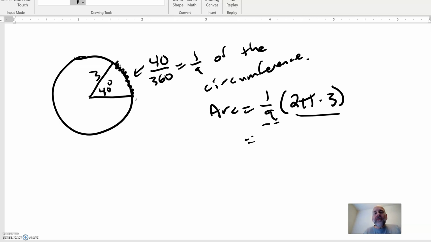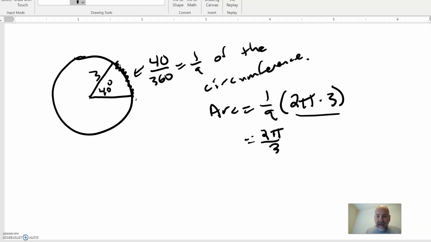And so you can answer this a couple different ways. I could cancel out the 9 and the 3. I'm doing cross canceling with fractions, and so you'd end up with an answer of 2 pi over 3, or you could just grab your calculator and say, what's 1/9 times 2 pi times the radius, which is 3.